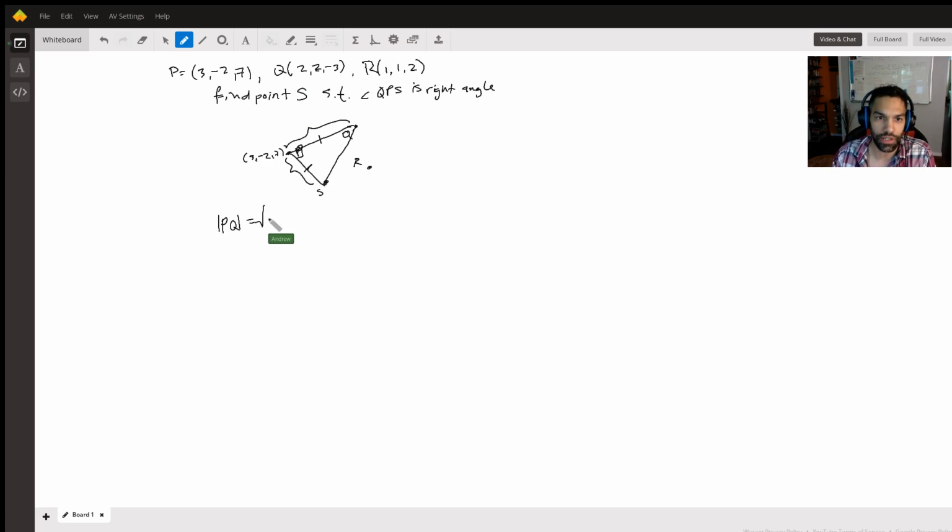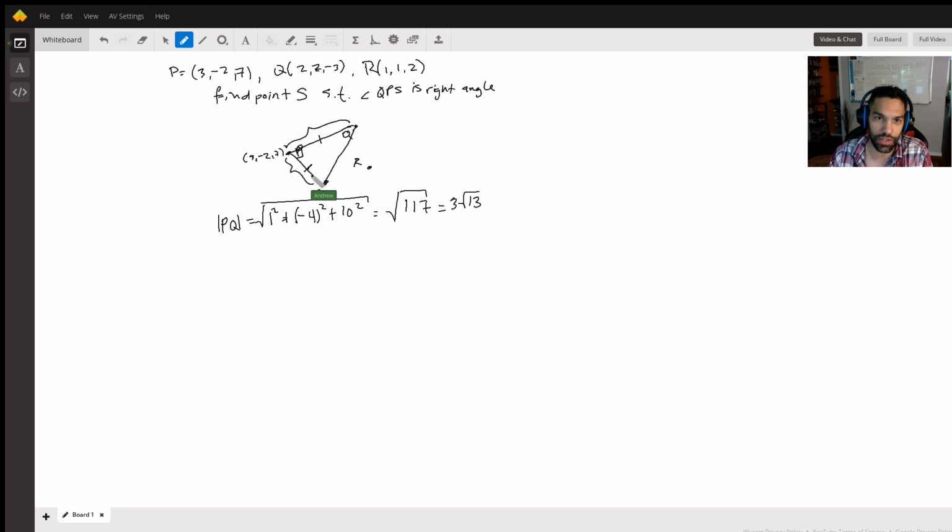The difference in x is 1 between P and Q, when you do P minus Q, 1 squared, plus the difference of -4 squared, and then the difference in the z values is 10 squared. Then when we add all of this up, it ends up being 1 plus 16 plus 100, which is 117. So the square root of 117, and that is 9 times 13, so that ends up being 3 times the square root of 13. So that's the length of that side.